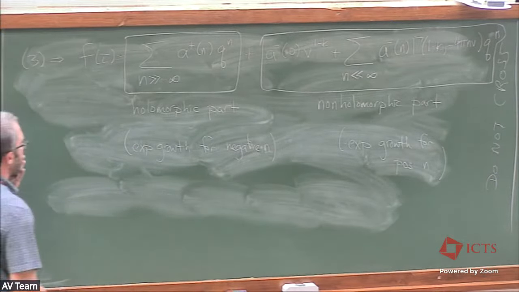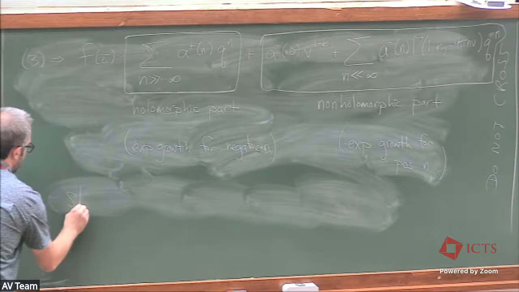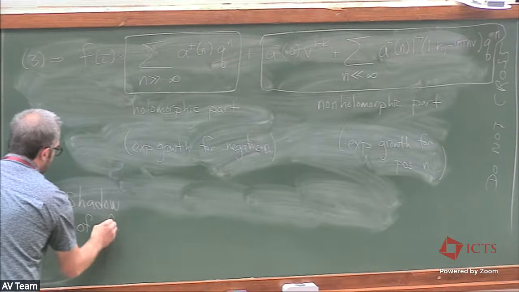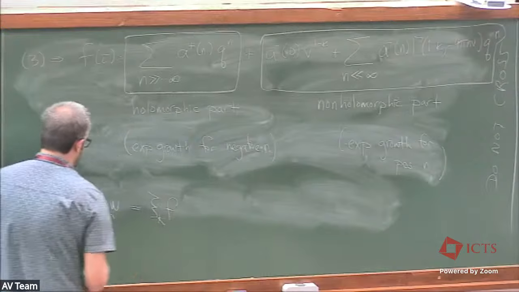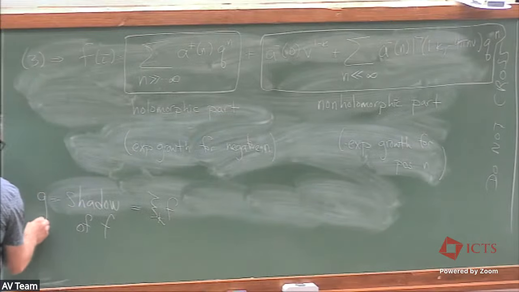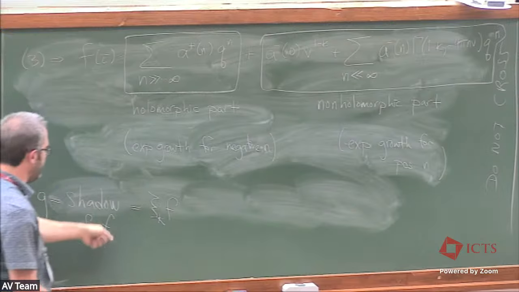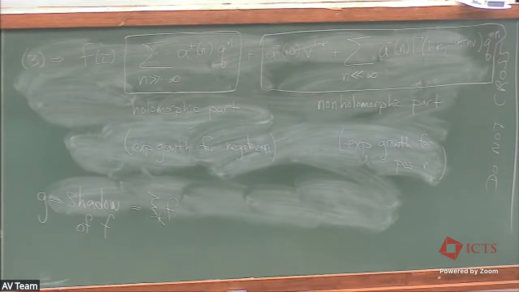And this is going to play into something related, which is called the shadow of F. This is going to be C_k of F, and I'm just going to call this G for now, so that I can refer to it several times. I'm going to classify harmonic Maass forms based on the behavior of the shadow and also the holomorphic part of F.